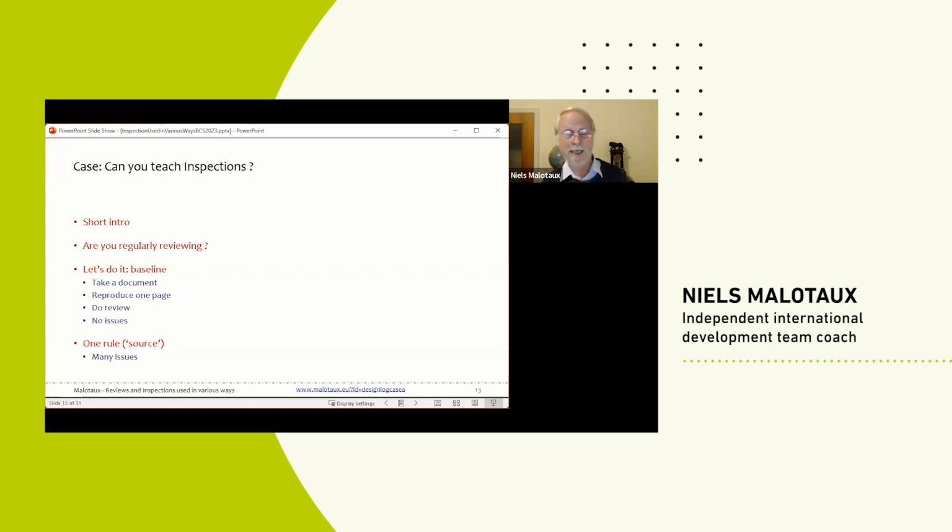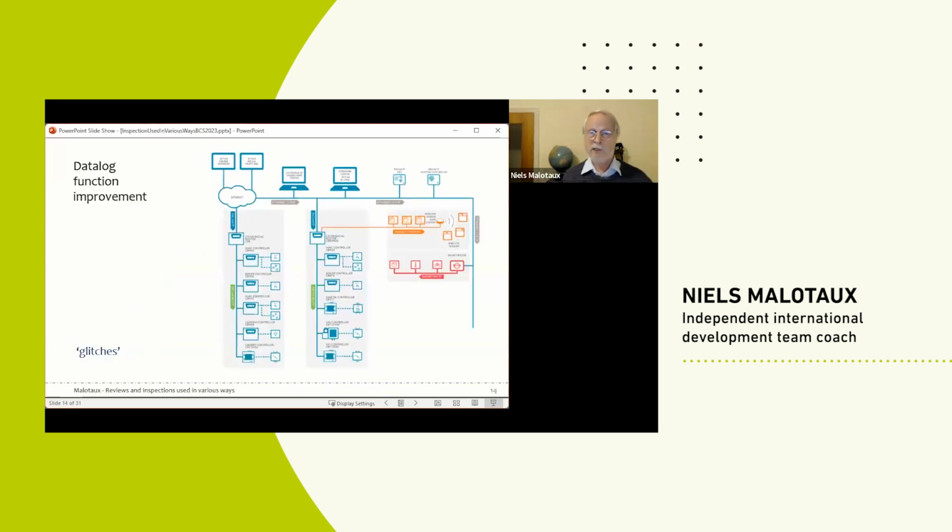I said, now review again. And before long, we saw a lot of yellow lines in all this text. This I can't judge. This I don't know whether it's the right thing. This, etc. Interesting. So actually, the problem was an improvement of a data log function in these devices that were used for building automation, air conditioning, and lighting, and so on.